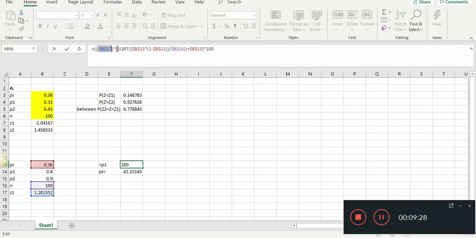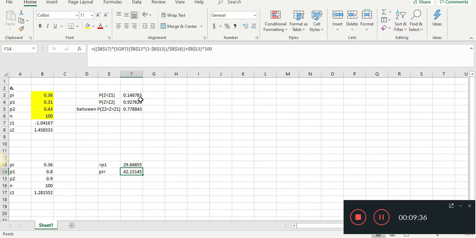You multiply that by 100 for the percentage. And for the bottom one, for the greater number, just get rid of the negative sign and it will be positive. That will give you the range between. P1 is the only thing that we changed in this, everything else is referenced or derived.